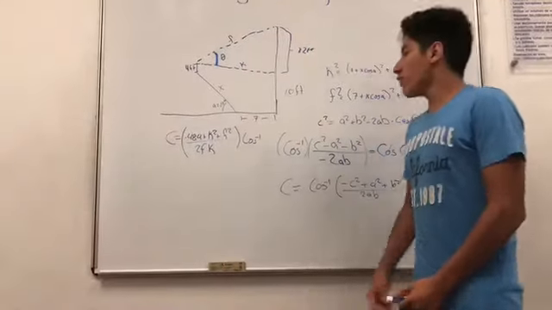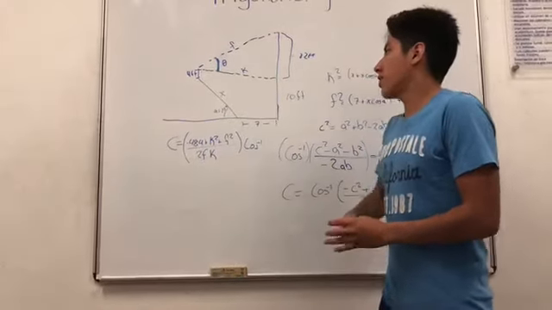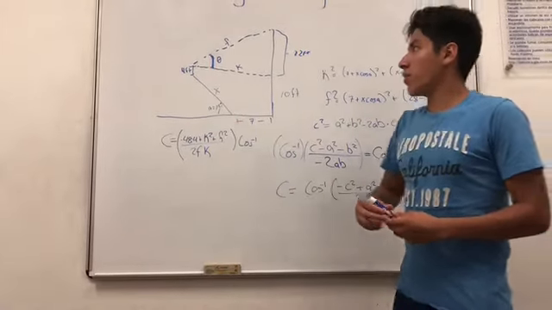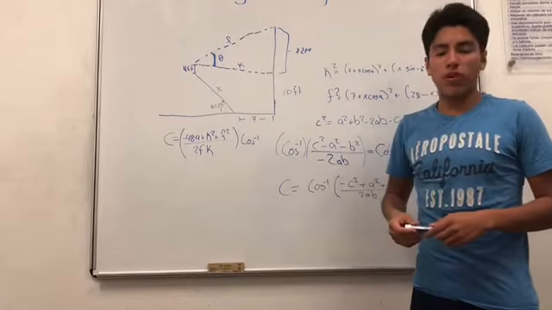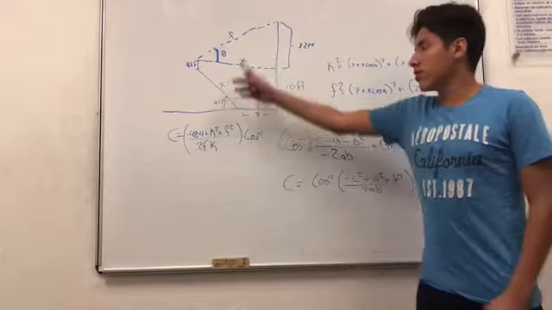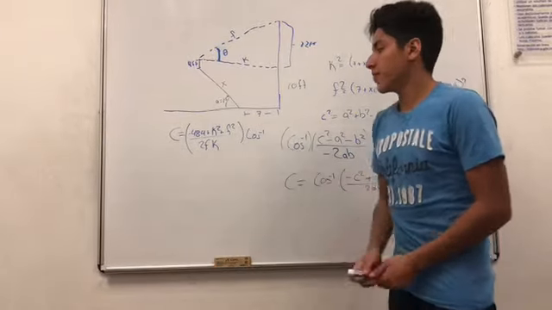Okay, now that we have the function that defines the value of c, that is theta, we introduce this formula into a graphic calculator, and we get the value that maximizes the angle theta, in this case c.